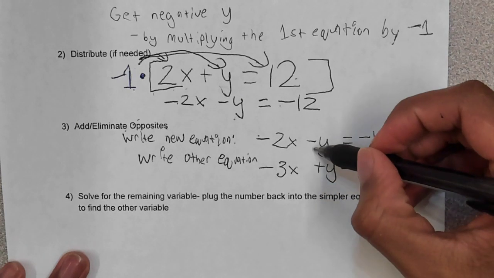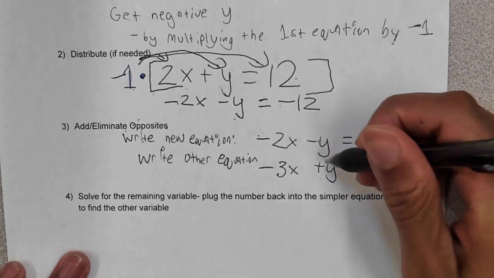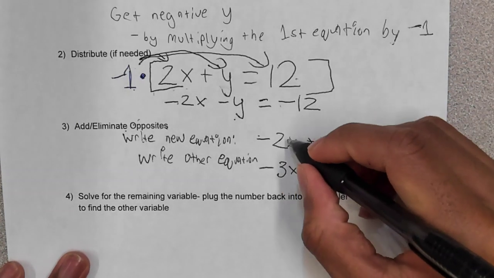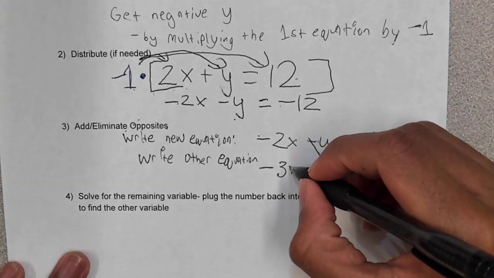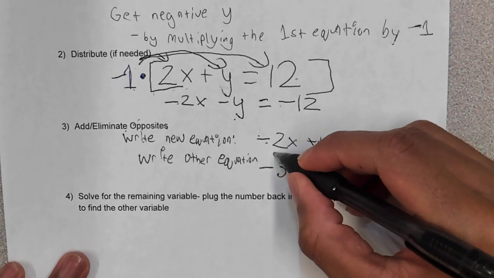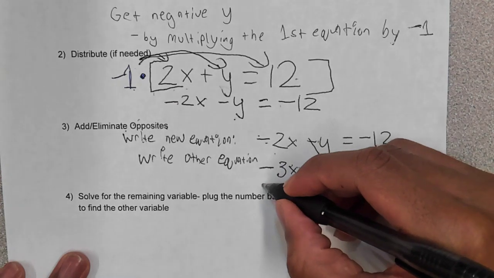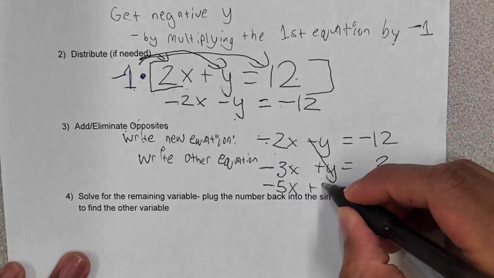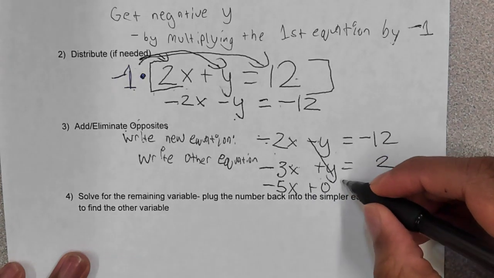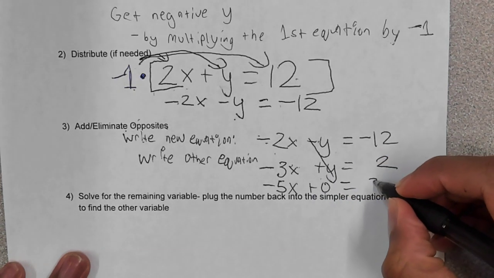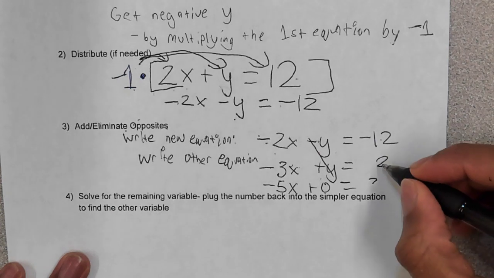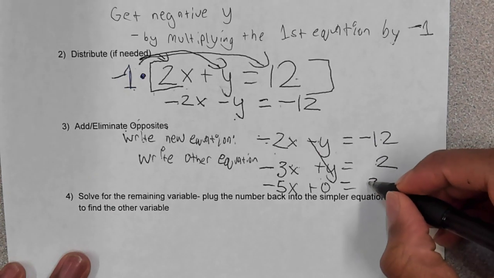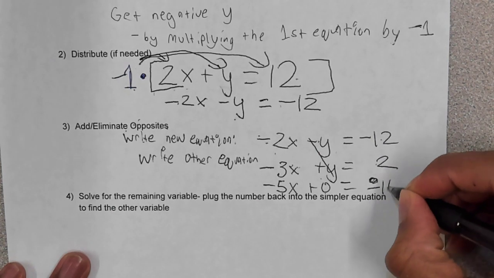And now you can see we have negative y plus y. They're going to cancel out and be 0. Negative 2x minus 3x, or basically negative 2x plus negative 3x, that's going to be negative 5x plus 0, as these cancel out, equals negative 12 plus 2. So that would be negative 10.